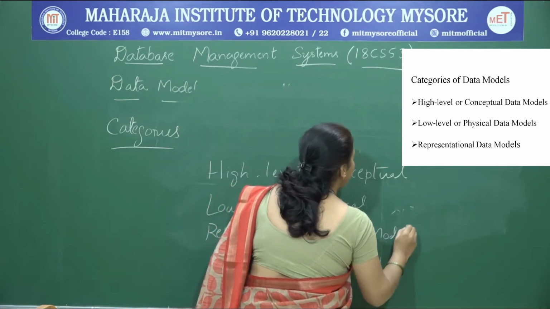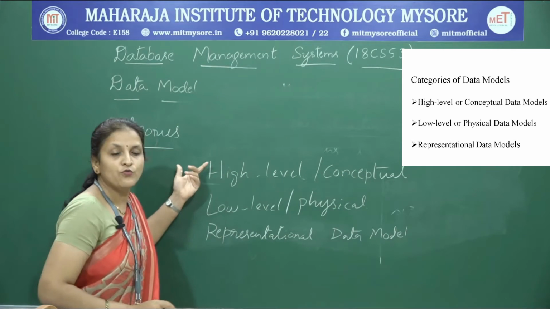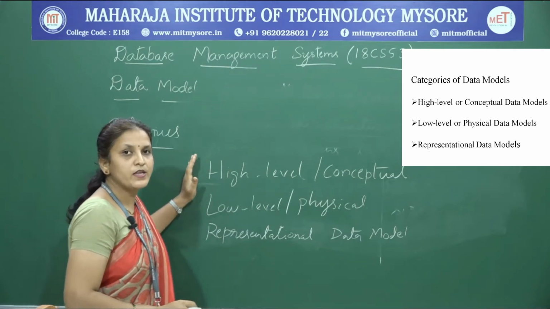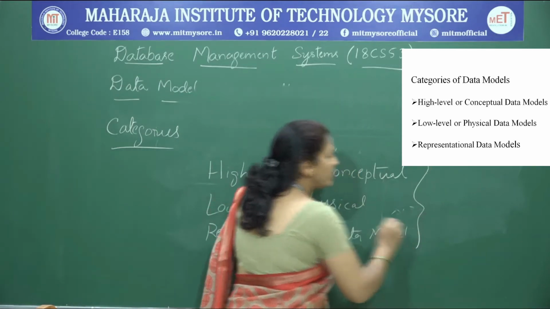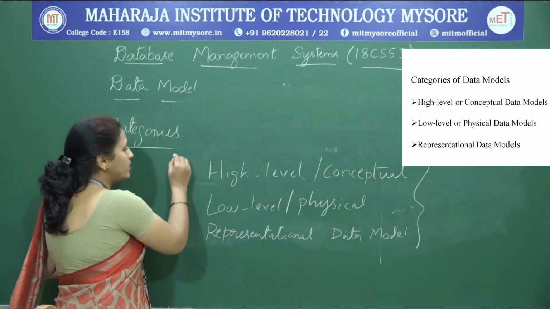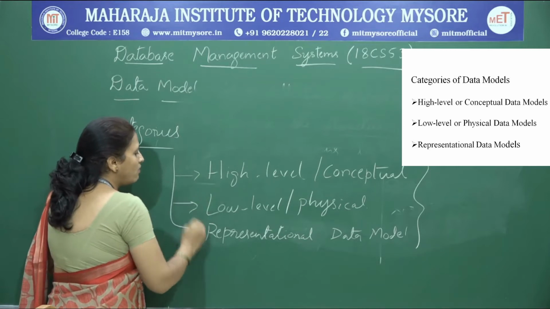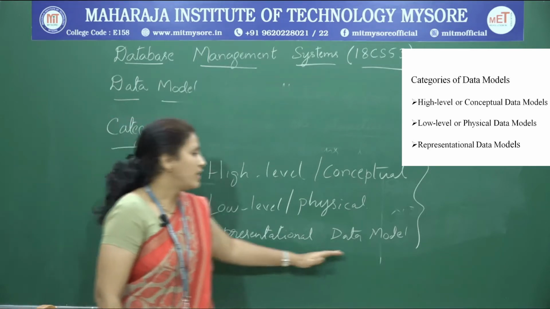Okay? So, based on the concept with which the data model is being used, we are categorizing the data models into three categories, that is high level, low level and representational data model.